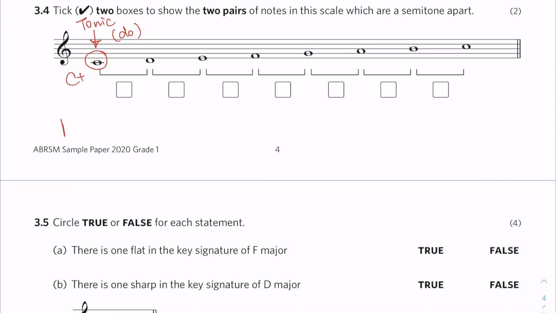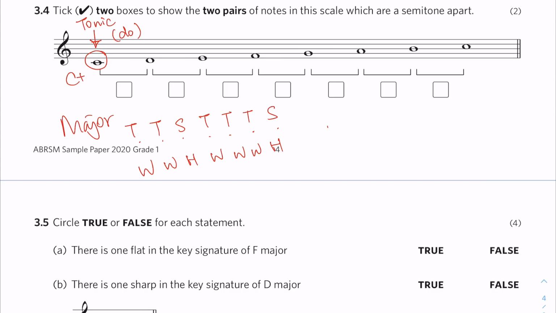The formula of a major scale is tone, tone, semitone, tone, tone, tone, semitone. Or we can call it whole, whole, half, whole, whole, whole, half, whichever way you find it easier to remember.